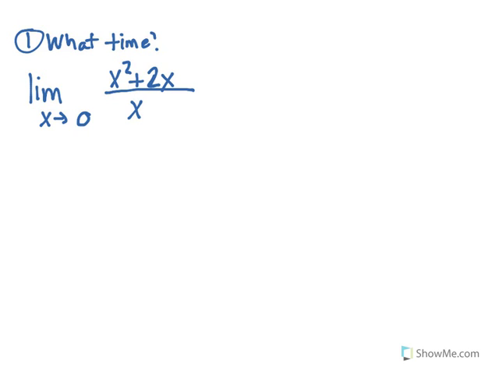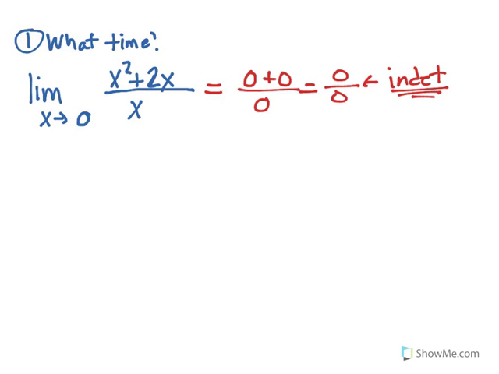What would the limit of that function be? Well, let's go ahead and fill the 0 in. If we fill the 0 in, I get 0 plus 0 over 0, which is 0 over 0, which is indeterminate form.